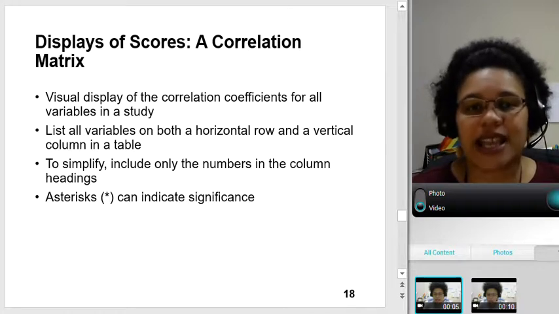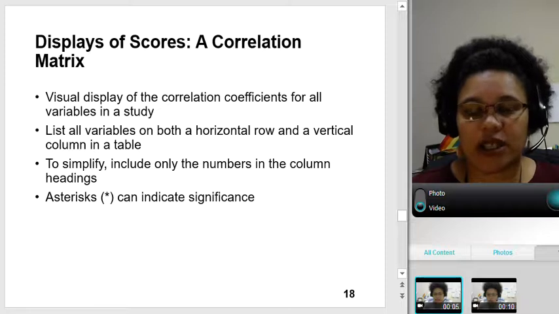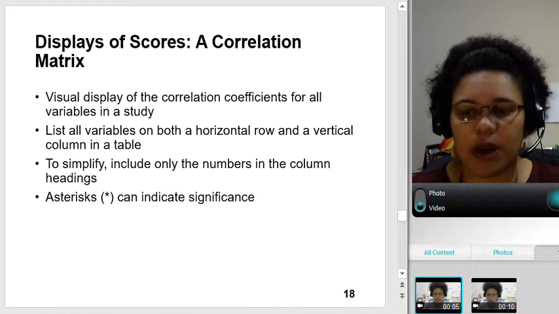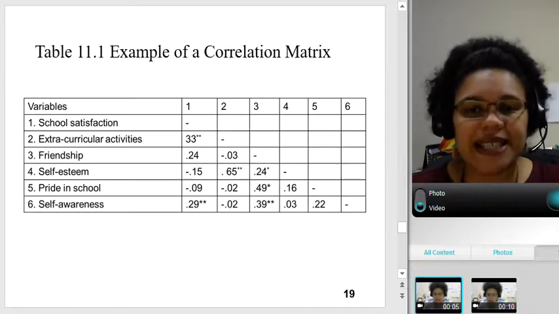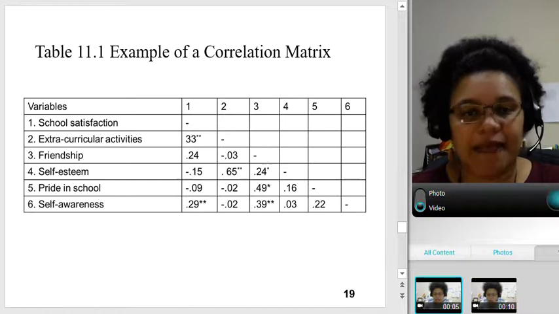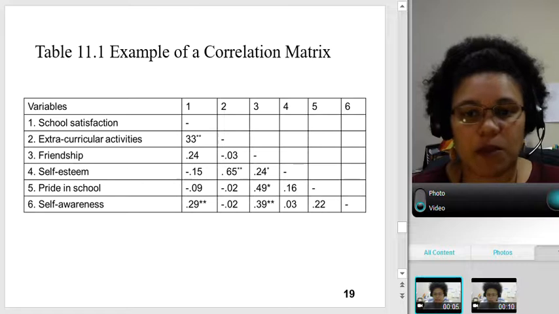And asterisks indicate whether the correlation is statistically significant, which we'll talk more about soon. So you might see in a journal article something like this, where you have the correlation coefficients. It indicates whether they are negative or not. This should be 0.33 because it ranges from -1 to +1, right?